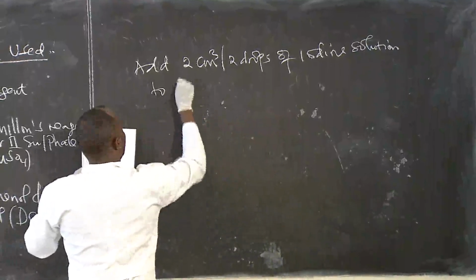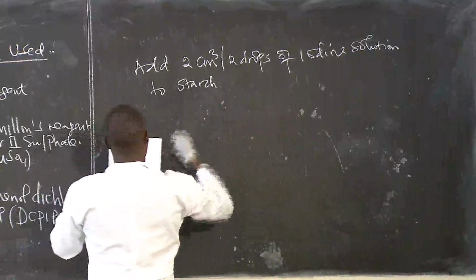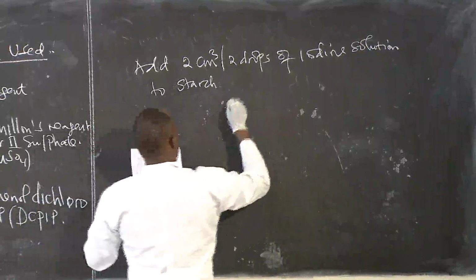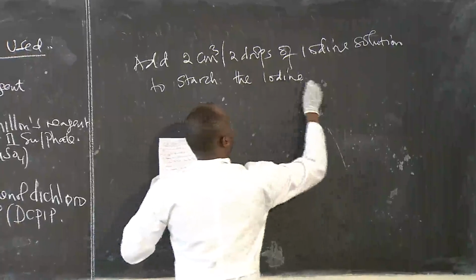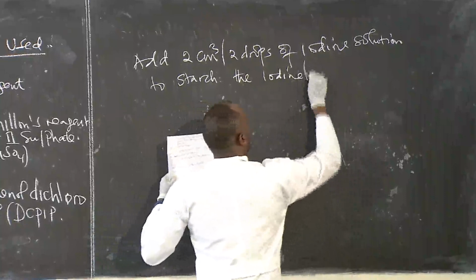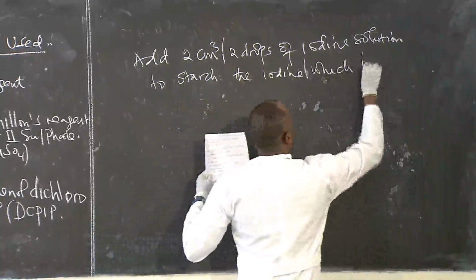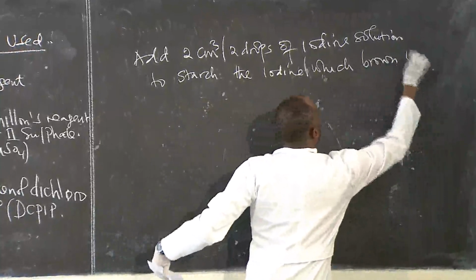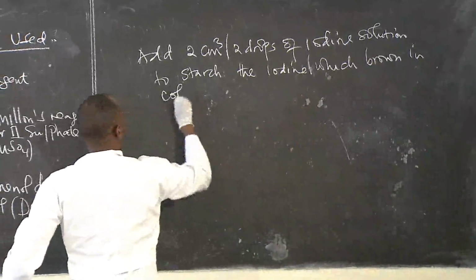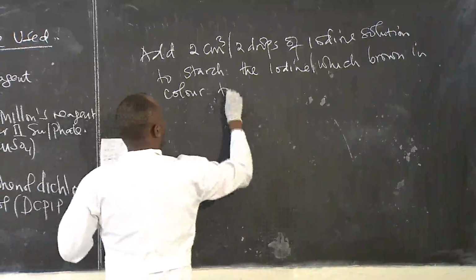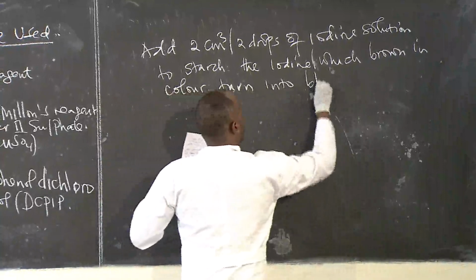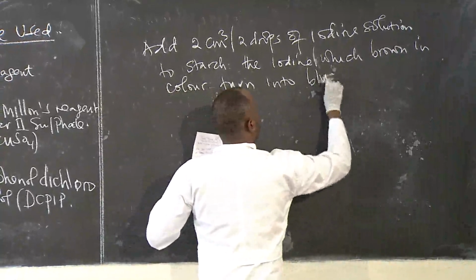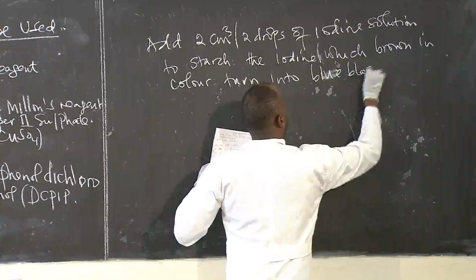To starch, the iodine, which is brown in color, turned into black.